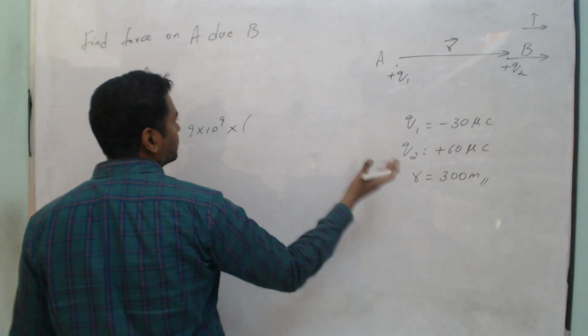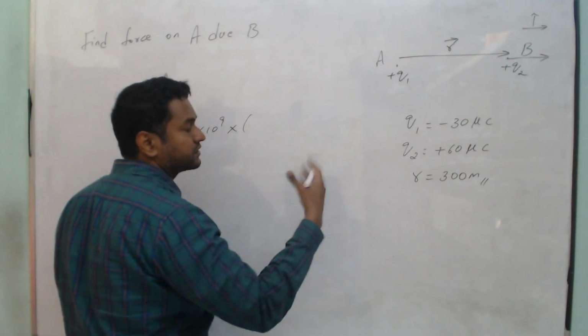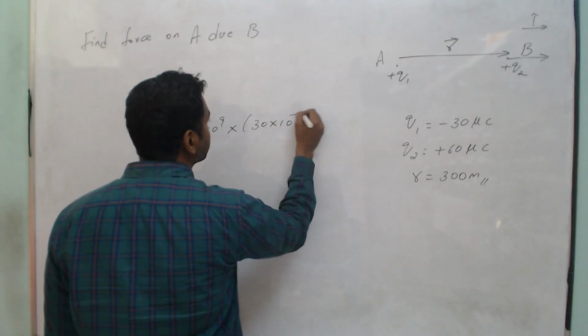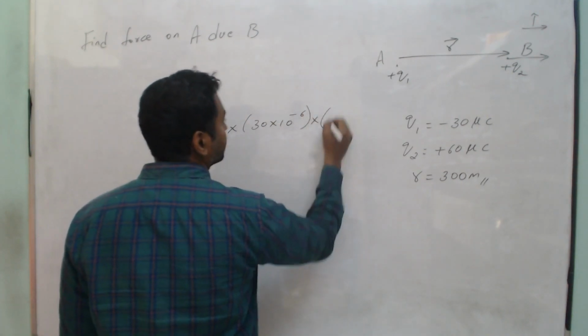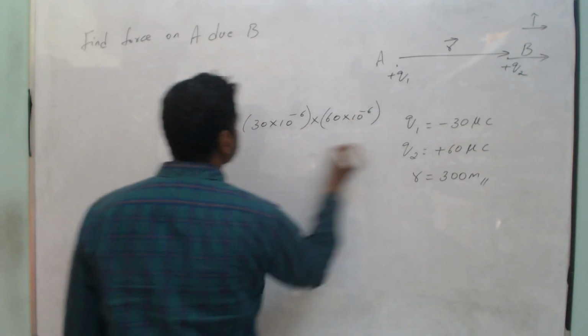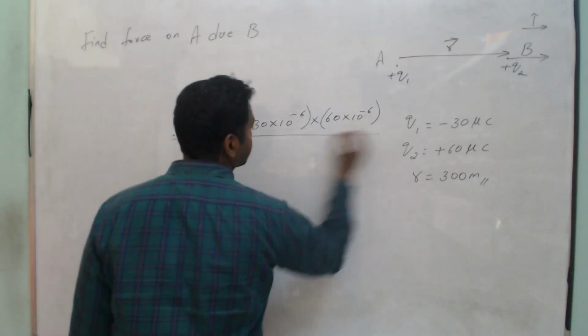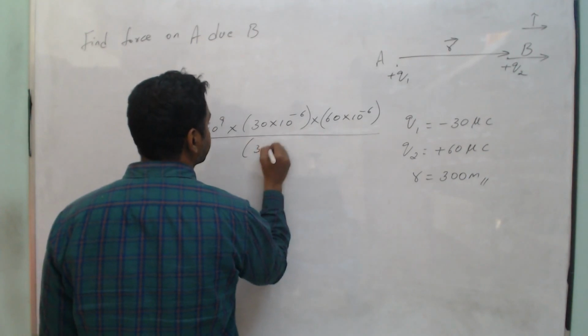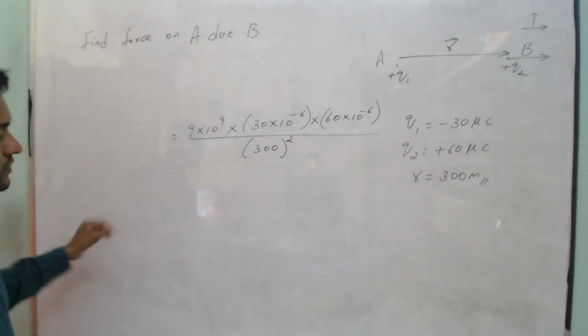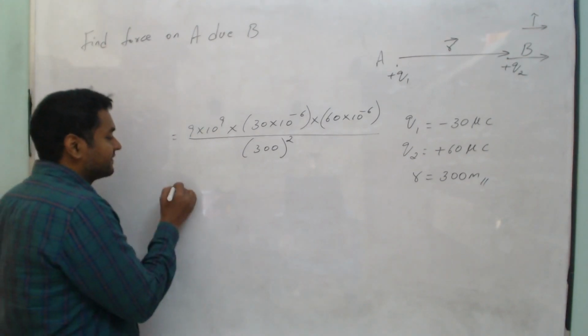I don't want to put any minus 30 or anything like that. I will only substitute the magnitudes over here: 10 power minus 6, divided by R square.